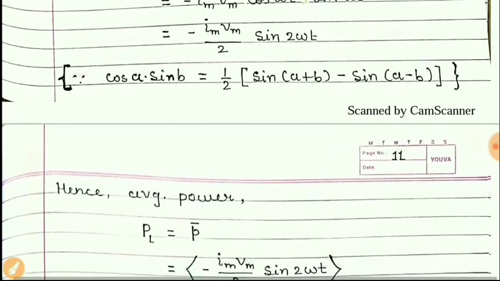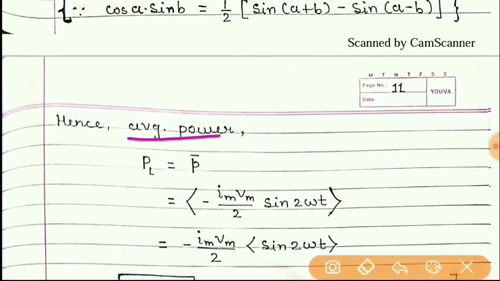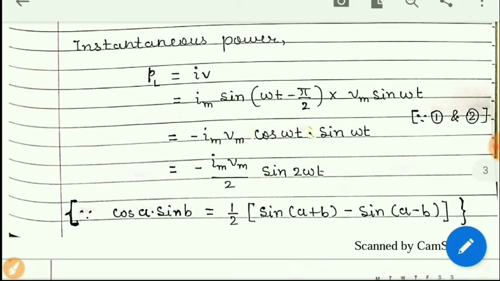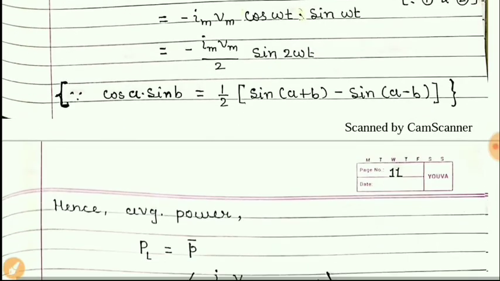Now we are going to find the average power over a period of time. Average power is denoted by capital P. So this capital PL, L for inductive power, is the average of this P, which is instantaneous.